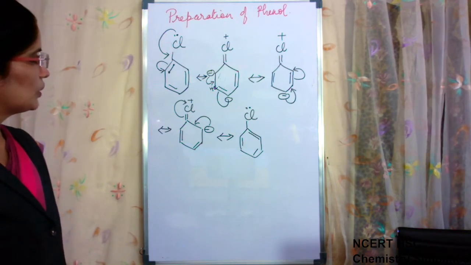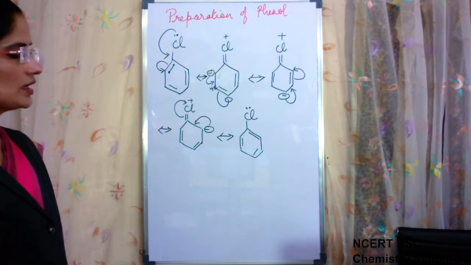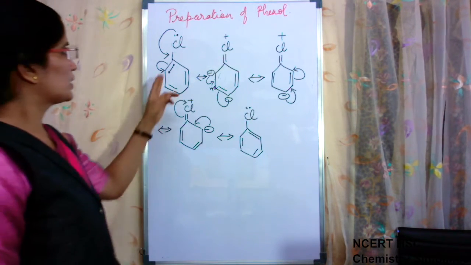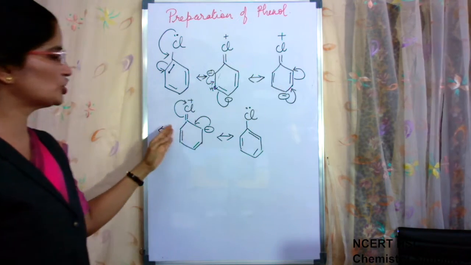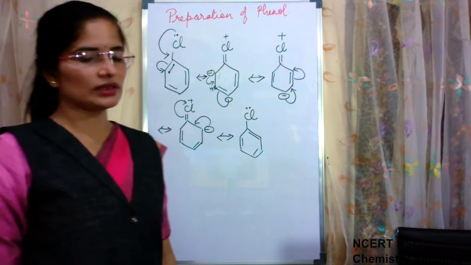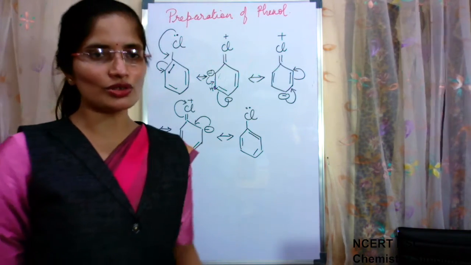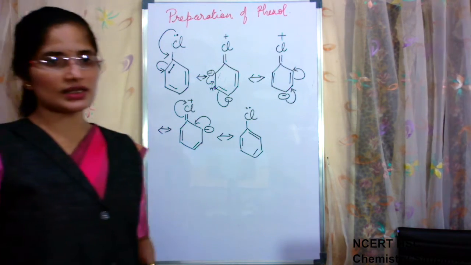So these are the resonating structures of haloarenes, because of which the bond between C and Cl has partial double bond character. Because of this, it is not easy to break this bond. So whatever reactions it gives will take place under drastic conditions.